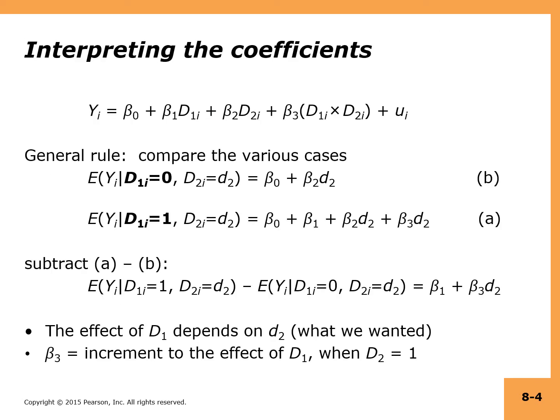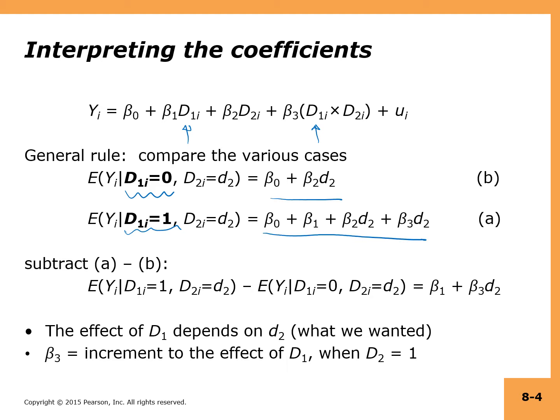So let's look at the effect of D1 on Y with the new model. In order to measure that, we're going to look at when D1 is equal to 0. Then you plug in D1 equal to 0 in the appropriate place, and what you get is beta 0 plus beta 2 D2. And then we're going to look at when D1 is equal to 1, and you have this function.